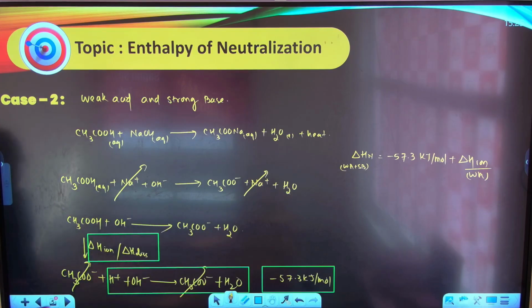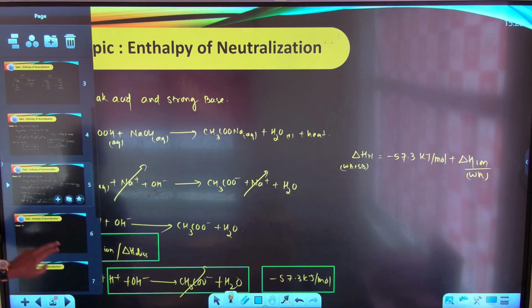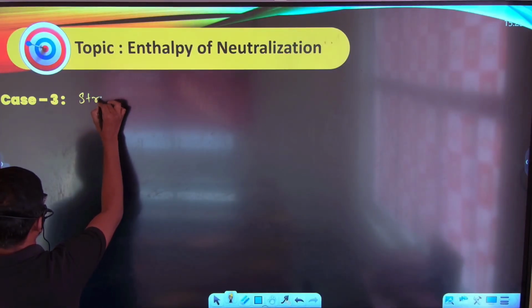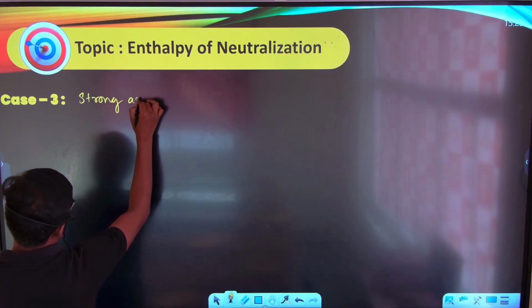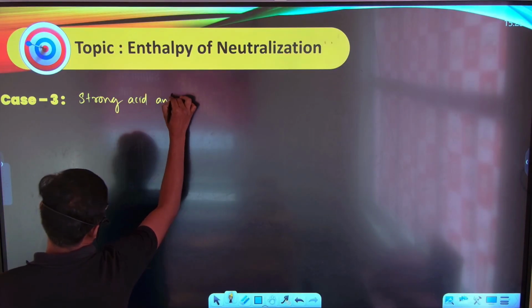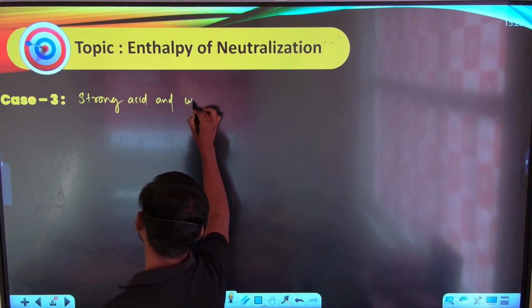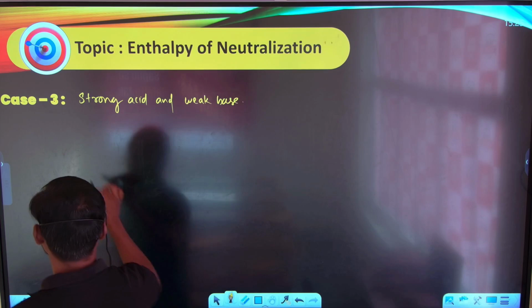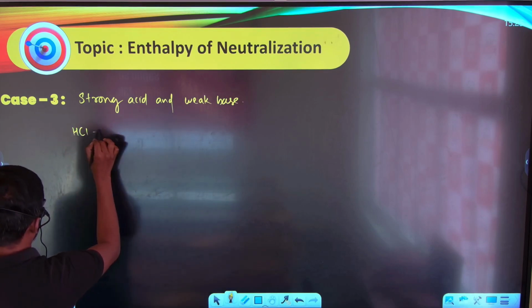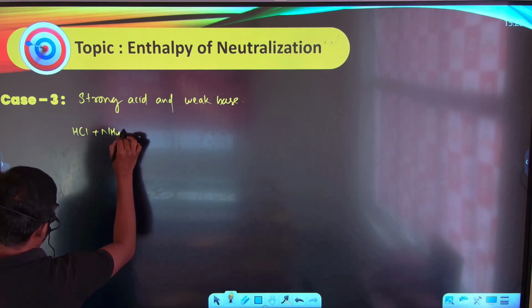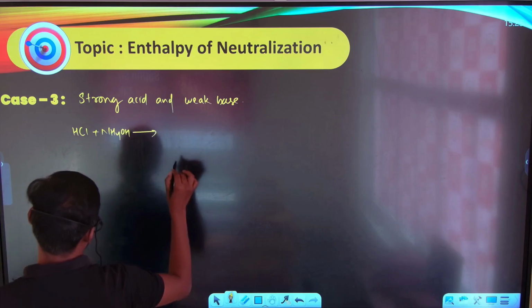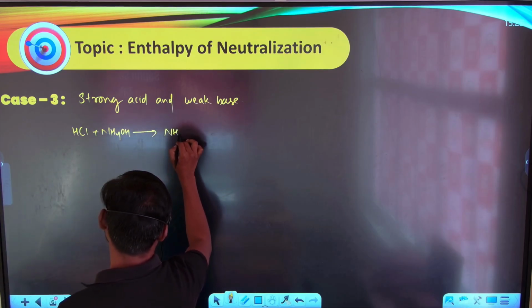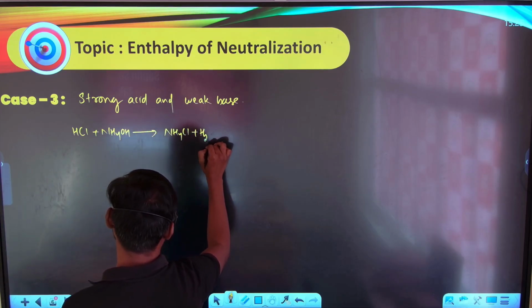Similarly, if we consider the reaction of a strong acid and a weak base, for example the reaction of HCl with ammonium hydroxide, it will produce NH4Cl plus H2O.